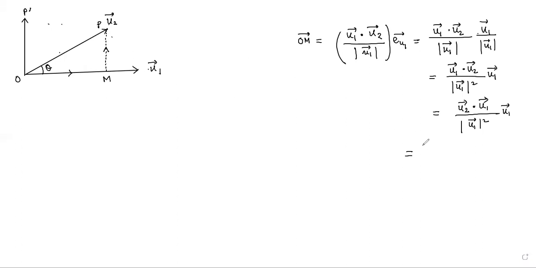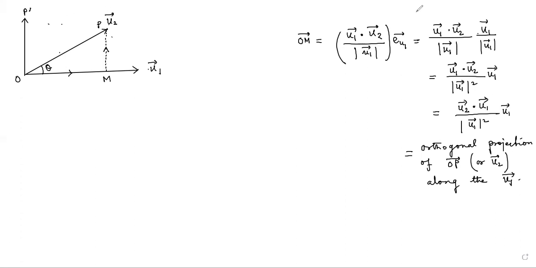So geometrically, OM vector is the orthogonal projection of OP vector, OP vector means the vector U2, along the vector U1. So this geometry that we have done is a simple geometry, the vector calculus that I have applied. You have applied it several times in your school days.